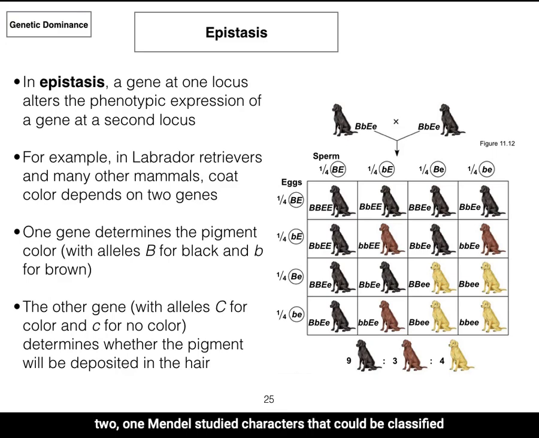Mendel studied characters that could be classified on an either-or basis, such as the purple flower versus the white flower color. However, there are many characters, such as human skin color and height, that are not one of two discrete characters, but instead vary in the population in gradation along a continuum.